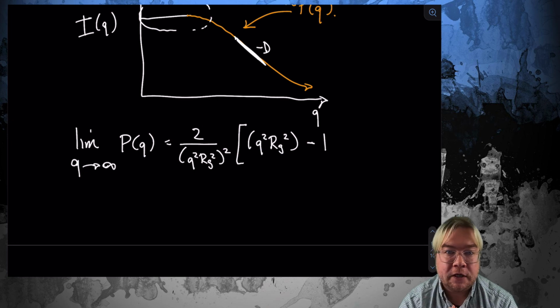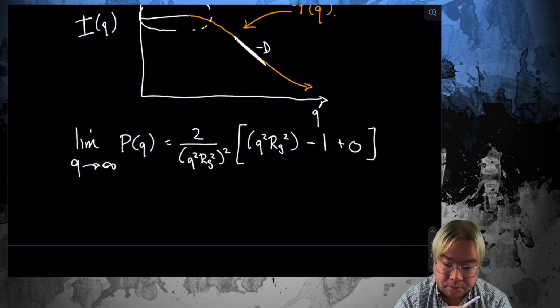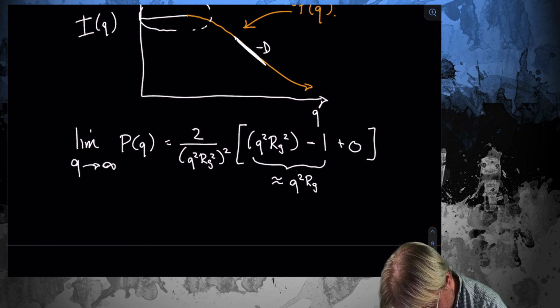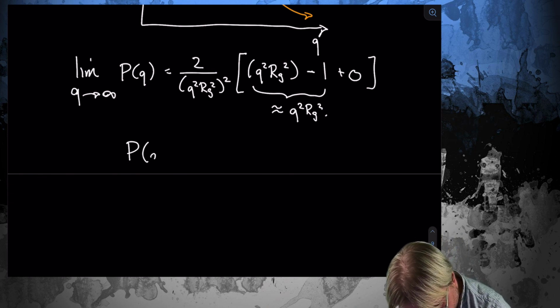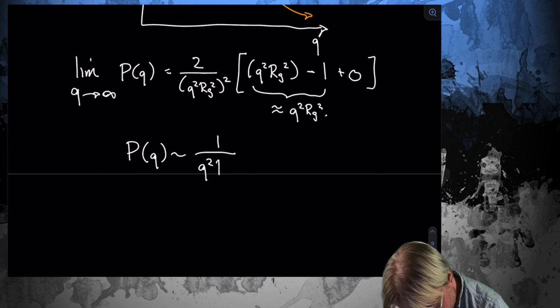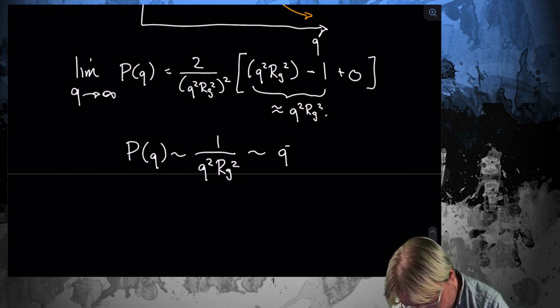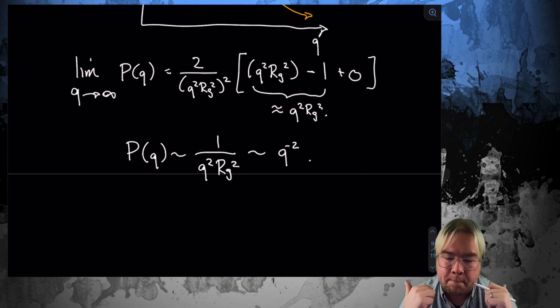If Q goes to infinity, that function goes to e to the minus infinity, which is 0, so we get 0 for that term. And you can see that this term is approximately Q squared RG squared. So we get some cancellation, and you see that P of Q goes like 1 over Q squared RG squared, or P of Q does indeed scale as Q to the minus 2 power. So it does work. It gives us the appropriate limit. Fantastic.